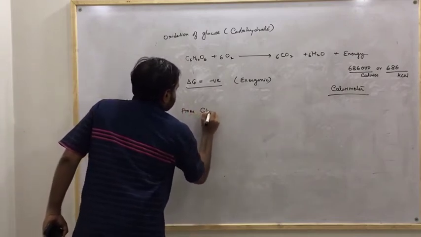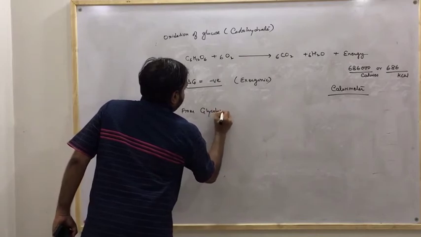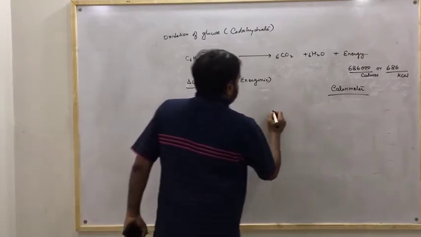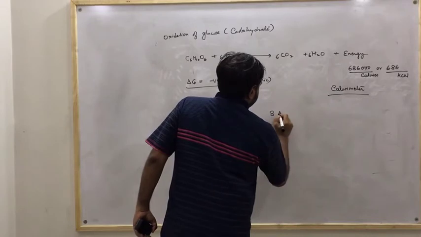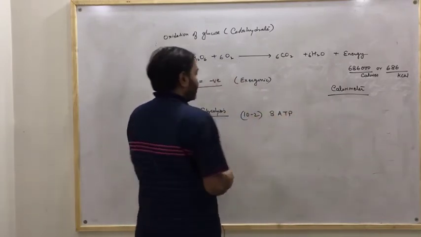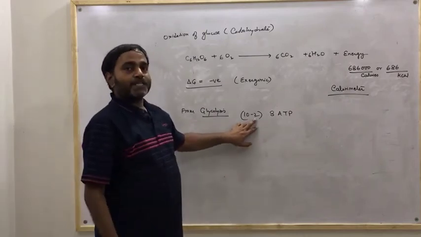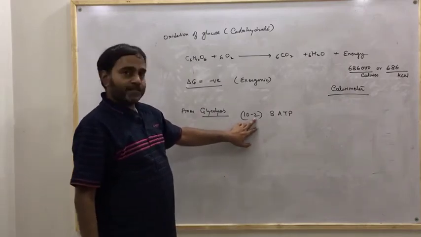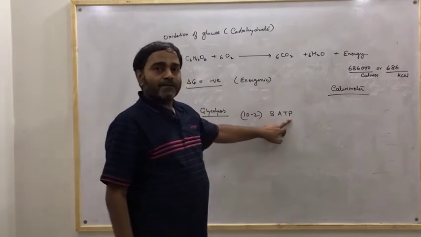From glycolysis, 8 ATP. I am writing 10 minus 2 because 2 ATP are used up, forming ADP. That's why I am writing minus 2. So net 8 ATP will be gained.